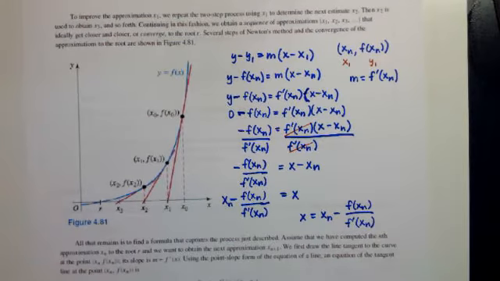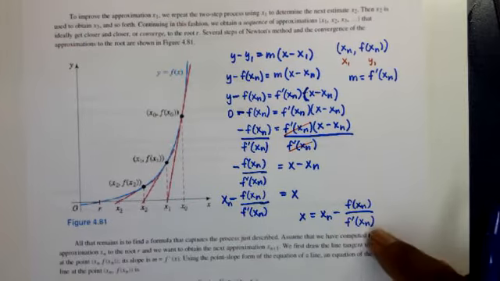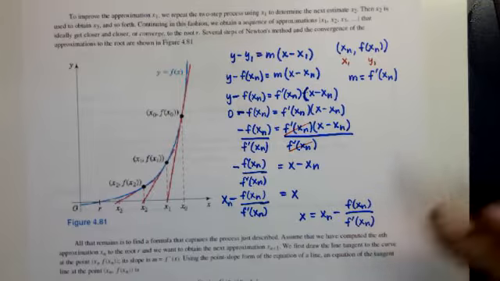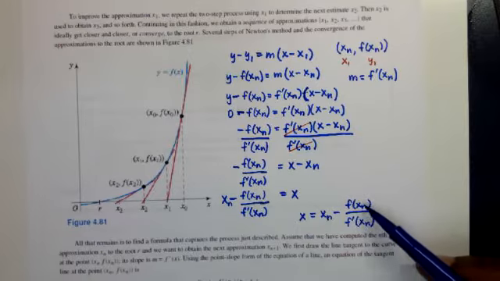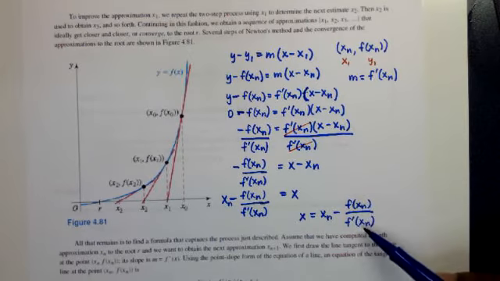All right, so that's how Newton's method is derived, to get this formula. X is equal to that expression, x sub n minus f of x sub n divided by f prime of x sub n. And only f of x sub n is divided by f prime of x sub n, not the whole thing.